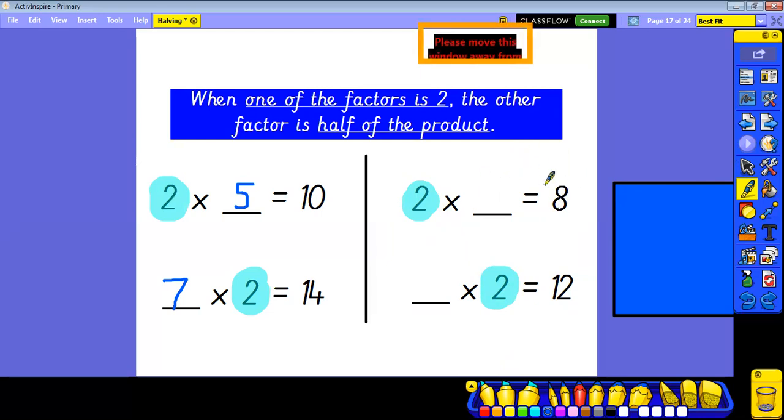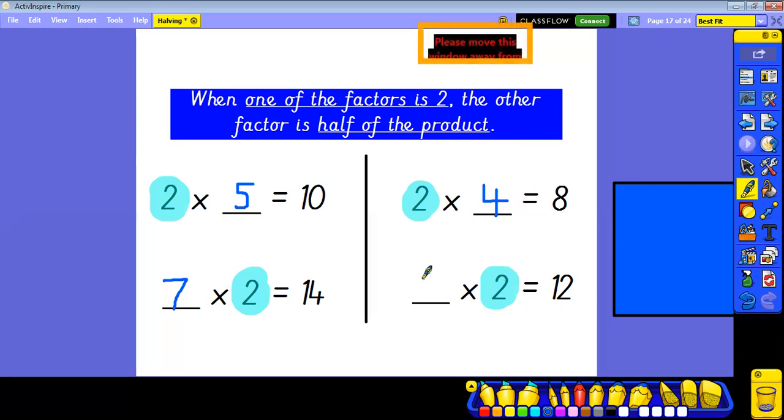Now, if you don't know it just off the top of your head what half of 8 is, then I can count in my 2's until I reach 8. So 1 2 is 2, 2 2's are 4, 3 2's are 6, 4 2's are 8. I counted 4 2's, so that means that my other factor is 4, and that means that 4 is half of 8, and double 4 is equal to 8.